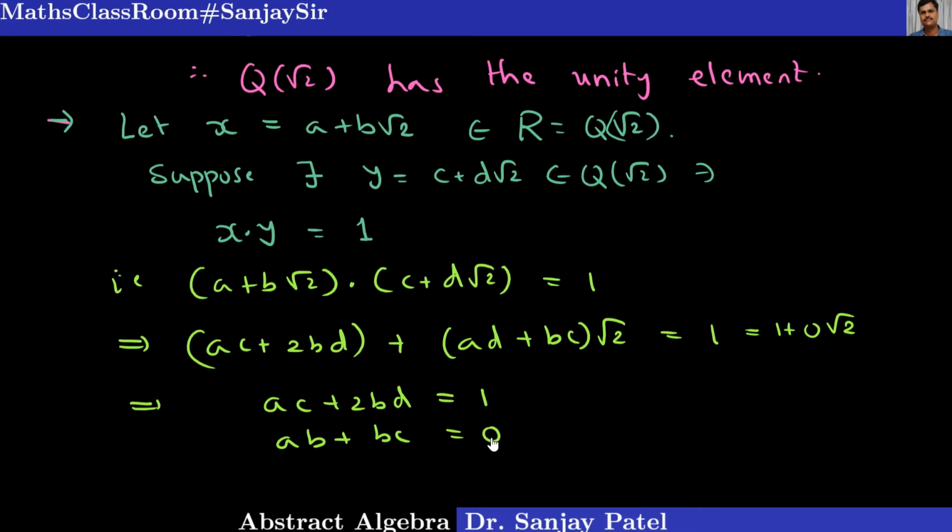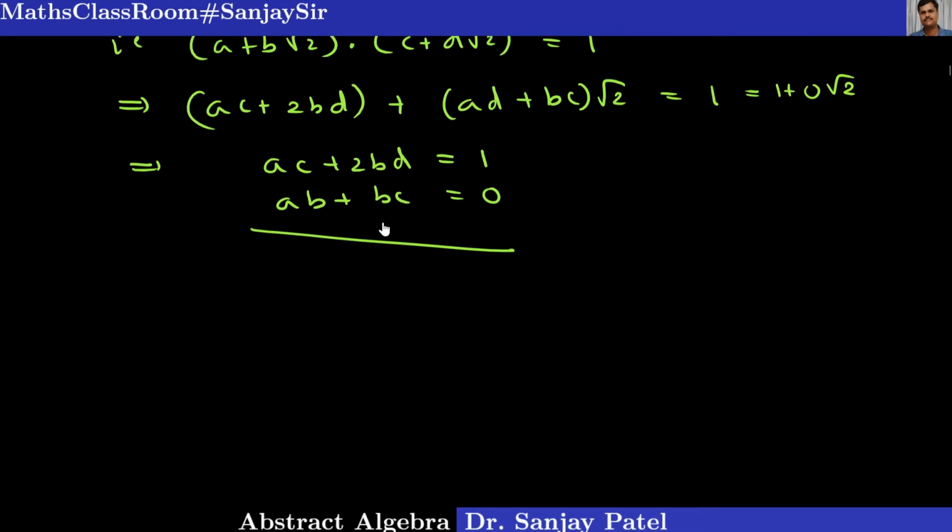So we get this, and we have to solve these equations because we want to find what is this c plus d root 2 so that x into y becomes 1. And that gives you the inverse for multiplication. So we have to solve these equations and find the values of c and d. Let me rewrite this.